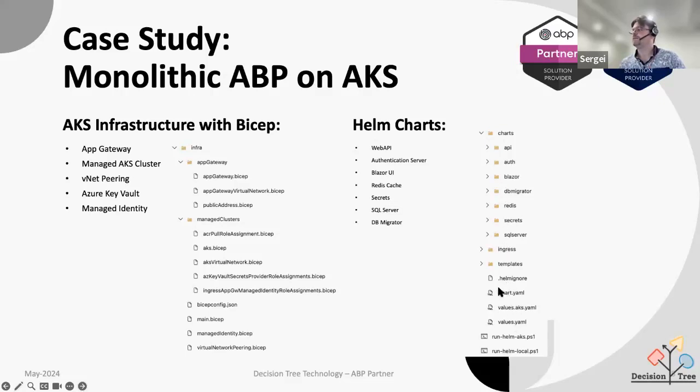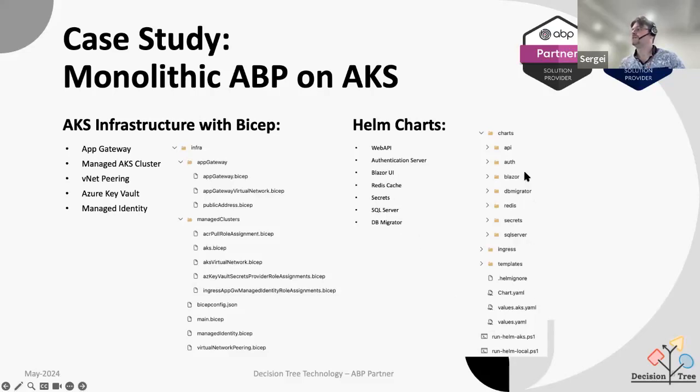They are mostly YAML configurations, which define deployment configurations for all the components of the application. In case of a tiered monolithic application, it means the authentication server is standalone. You will have a Web API, authentication server, Blazor or other UI tier, Redis cache, secrets, database, in this case SQL Server, and DB migrator.